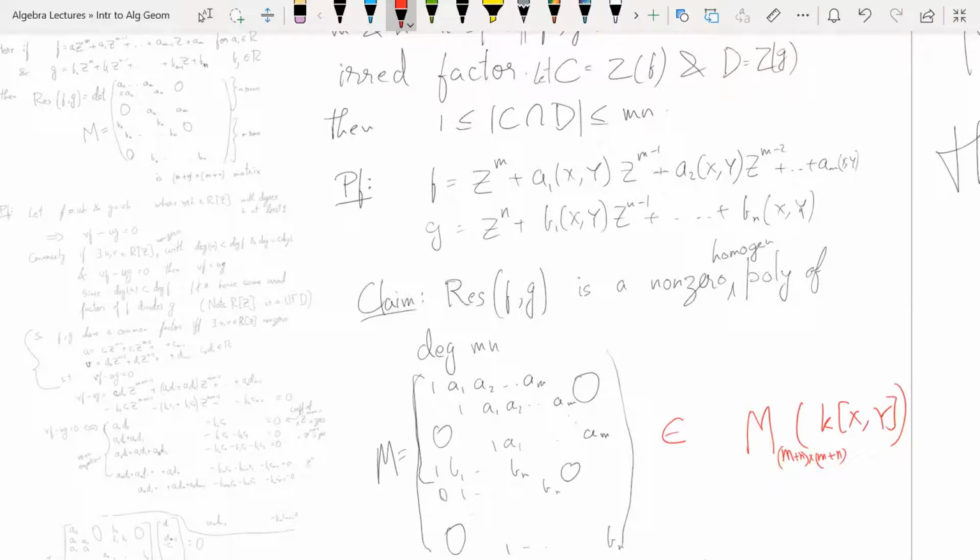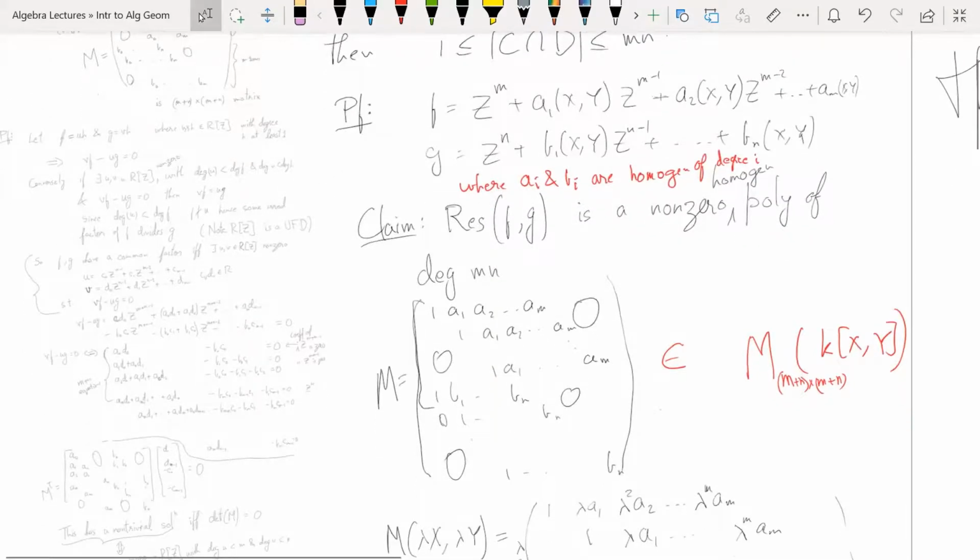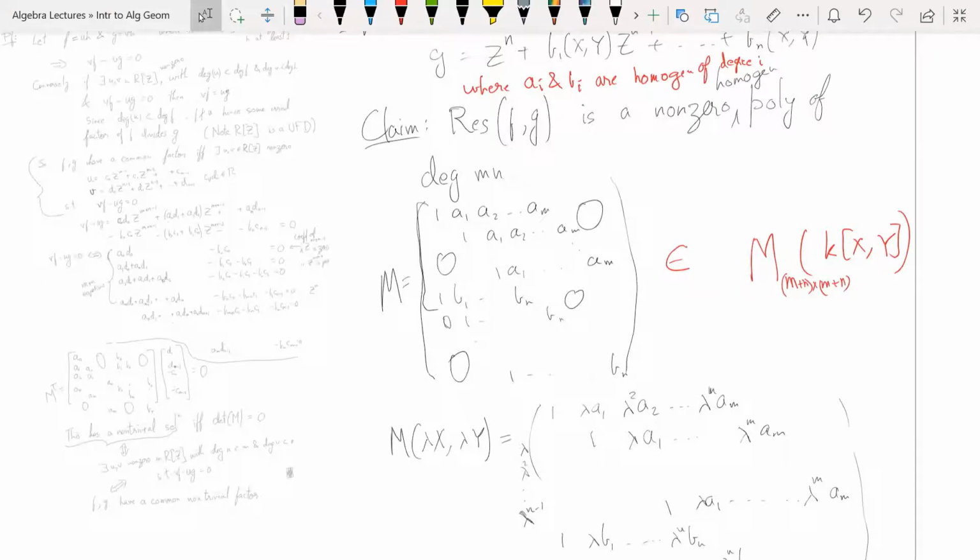So if we replace x by λx and y by λy, then λ will factor out from A1, λ squared will factor out from A2, and λ to the power m will factor out from Am, and whatever is 0 will remain 0.